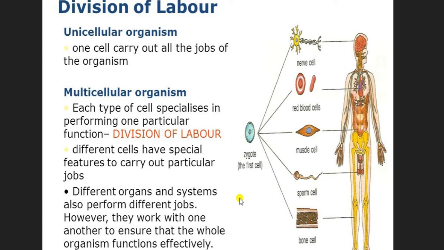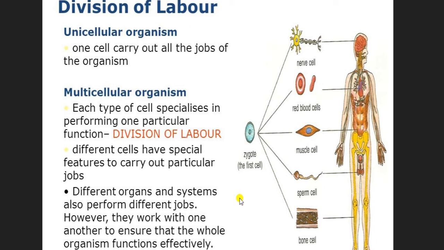So there is no special kind of work done by different types of cells. But in a multicellular organism, it is somewhat different. Each type of cell specializes in performing one particular function, and that is called the division of labor. Different cells have special features to carry out particular jobs, and that's why their structure is also different from one another.